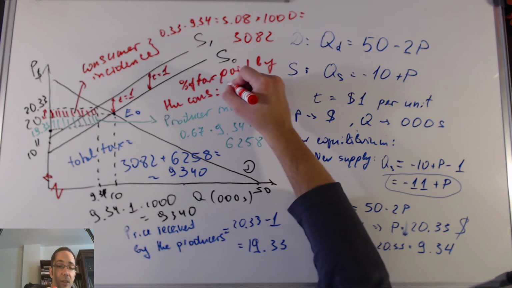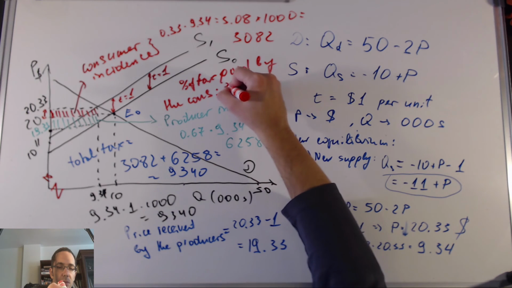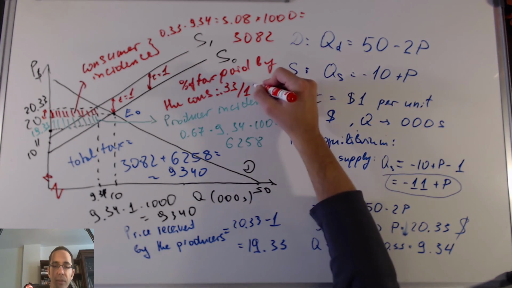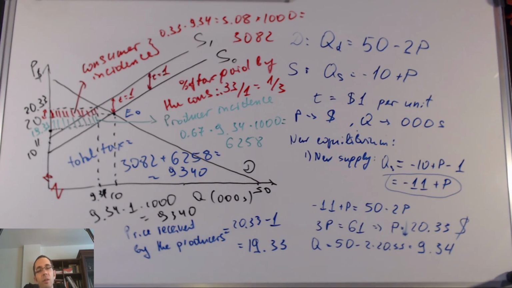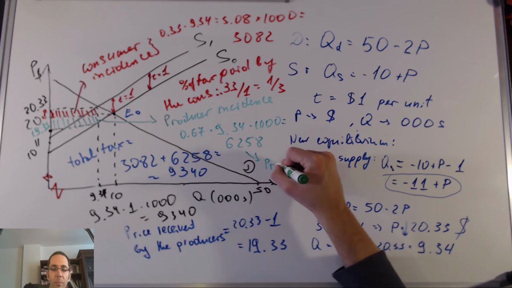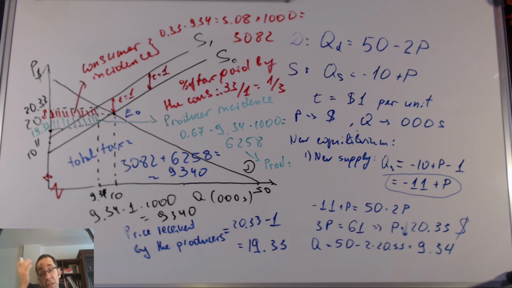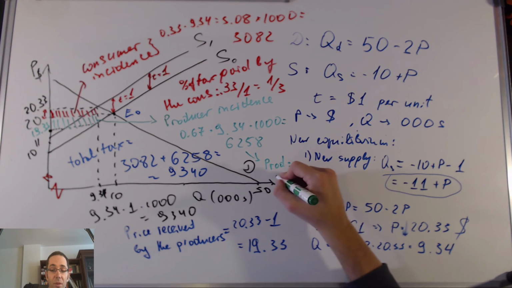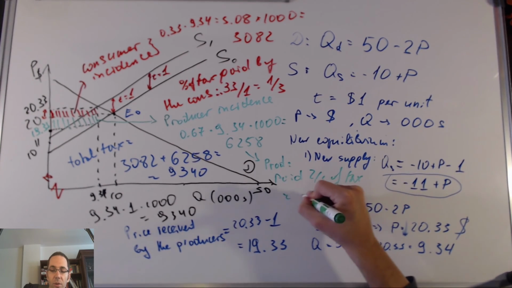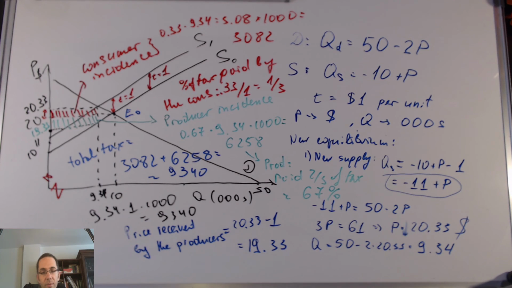The price increased by 33 cents. So 0.33 divided by 1, which is the total tax. Effectively, this is equal to 1/3. So the consumers paid 1/3 of the total tax, or 33% if we want it as a percentage, and the producers paid the remaining 2/3, which is equal to approximately 67%.